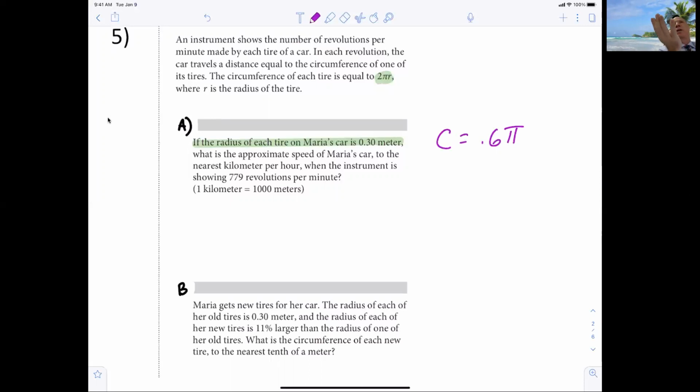Now, for some strange reason, as soon as I say pi, people get confused. Pi is just a number. It's 3.14. But when I was learning these problems, I always just said pi was 3, because it was easier for me to calculate. So if it's 0.6 pi, that means it's like 1.8 meters every time it goes around. Does everybody agree with that? That's all that means.